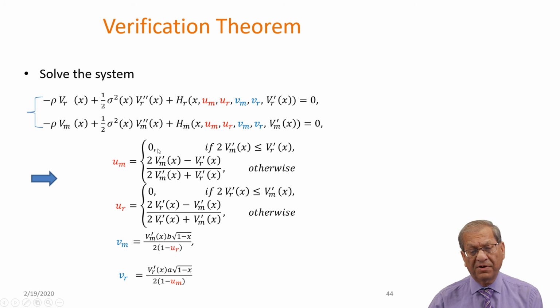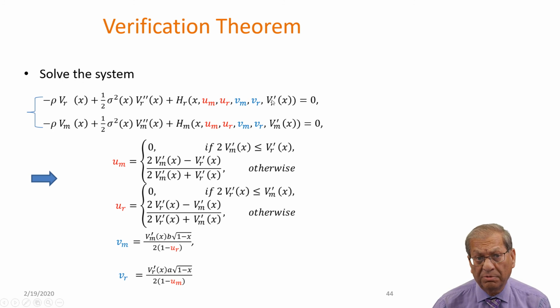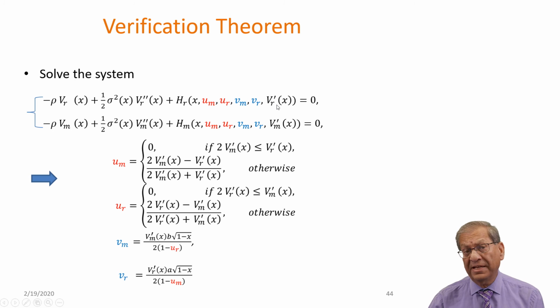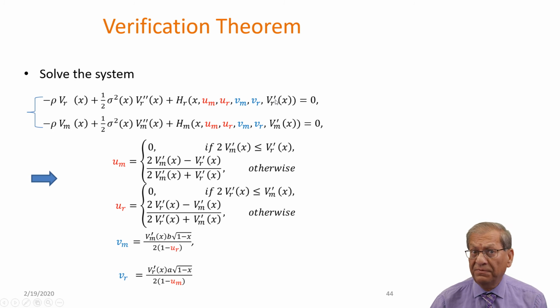The only thing I want to point out, which is important here, is that the adjoint variable of the retailer is nothing but the first derivative of the value function. As we know, the adjoint variable is the marginal value of the state. Similarly, PM is given by VM prime, and so we put that in place of PM.